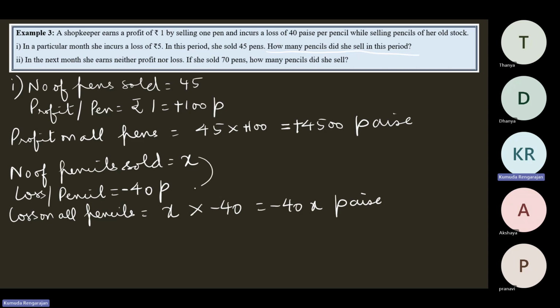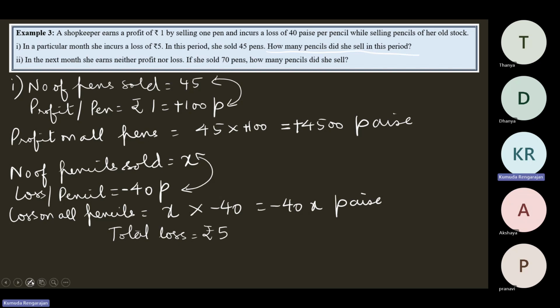You should multiply these two: number of pencils sold, X, and loss per pencil, minus 40. So the loss on all the pencils is X into minus 40, which is minus 40X. Now these two put together. The total loss is rupees 5.